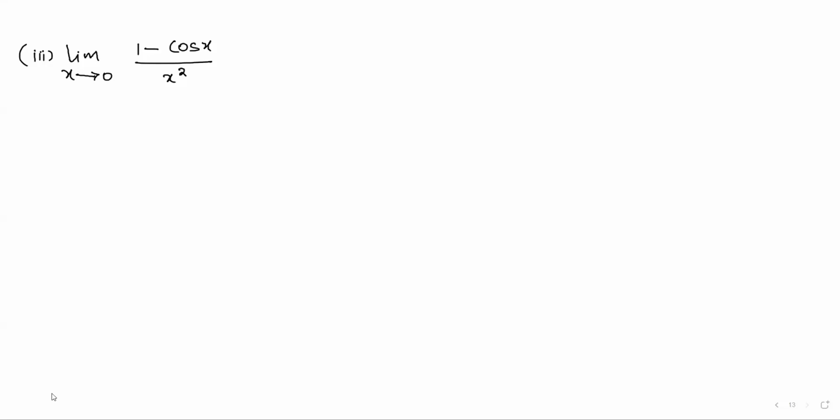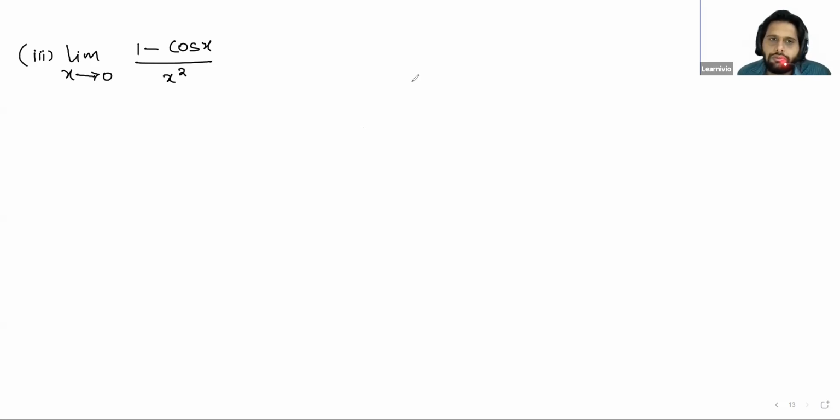सर हमने ये कर लिया। बच्चे ये डिफरेंट है, पहले x था डिनोमिनेटर में, now we have x square. तो 1 minus cos x का भी कोई फॉर्मूला होता है?